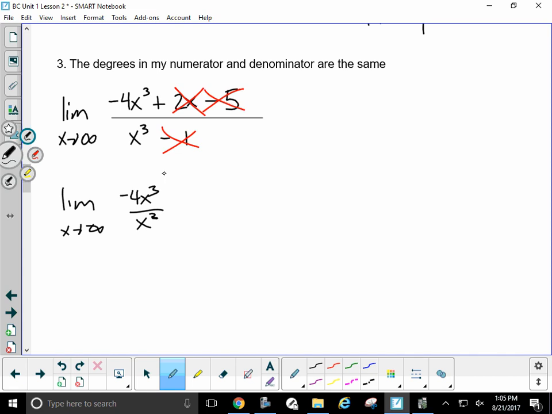Now watch what happens. The growth rate in my numerator, that x cubed, is growing at the same rate as my numbers in the denominator. Those growing numbers will essentially cancel each other out, leaving us with just the limit as x approaches infinity of negative 4. Well, if this is just y equals negative 4, we would say this is just negative 4. So now we found a horizontal asymptote at a different value other than 0, because the growths cancel each other out.